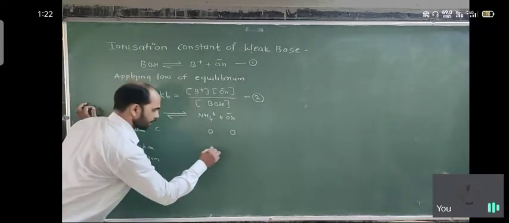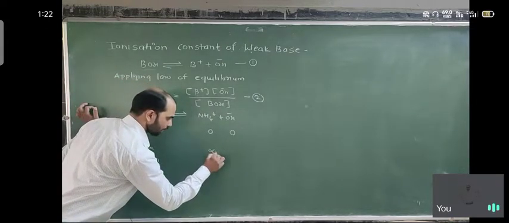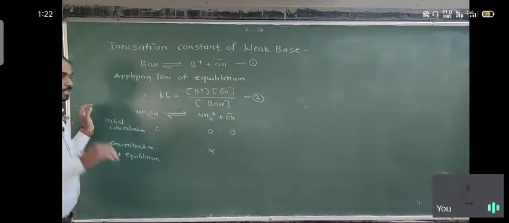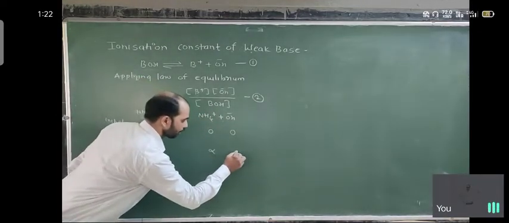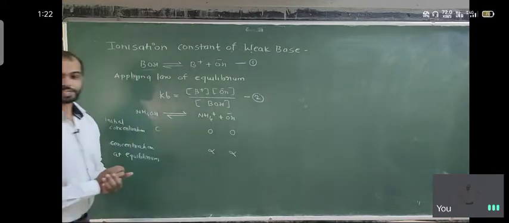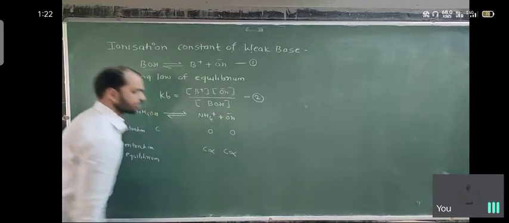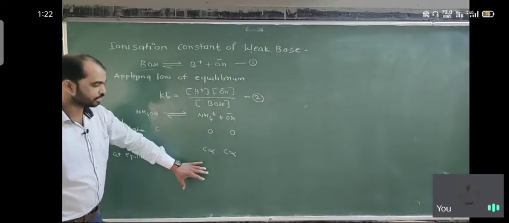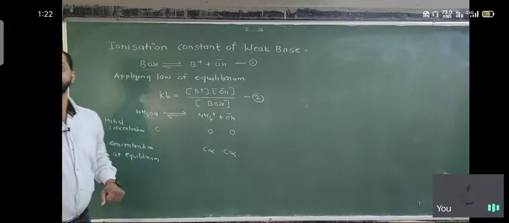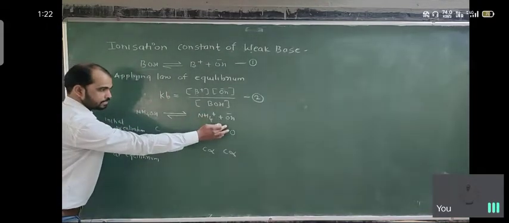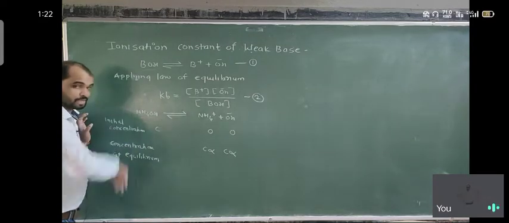This is the degree of ionization of the cation, alpha. Similarly, how many OH minus are produced is the degree of ionization of OH minus. So their concentration, C alpha, is considered the concentration of NH4 plus and OH minus. Some molecules are ionized, which means some molecules are unionized.